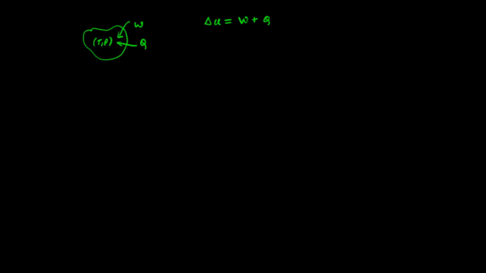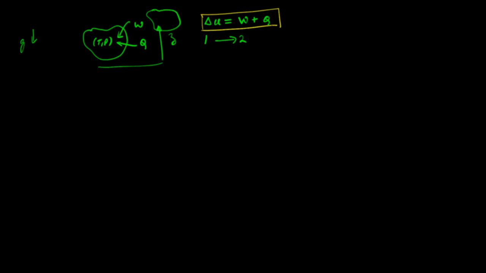Now, let's say that in this process where we take this system from state 1 to state 2, if we have this system in a gravitational field and we change the elevation of this system during the process, then clearly this equation will not be applicable.